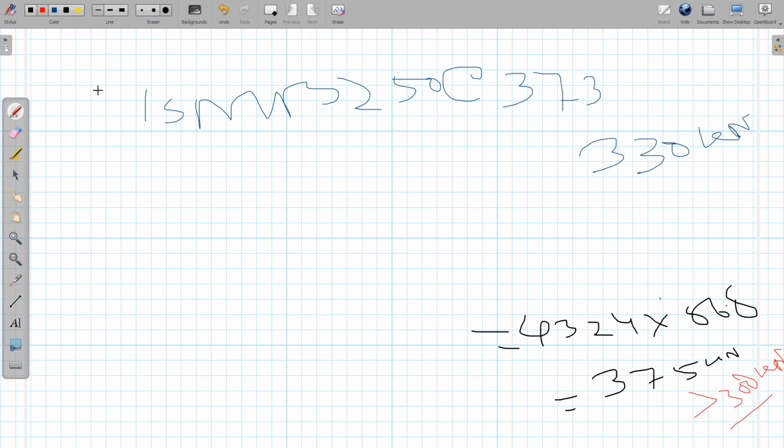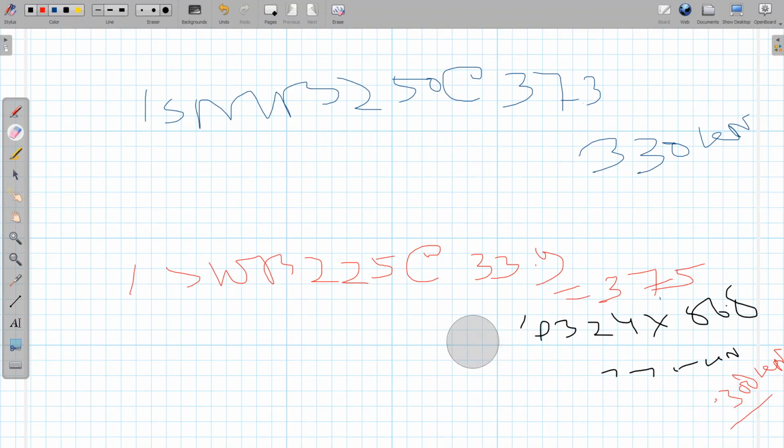If we use ISWB 225 at the rate of 33.9 kg per meter, what is the safe load? The safe load comes as 375 kilonewton. Now see, in both cases our design is satisfying.